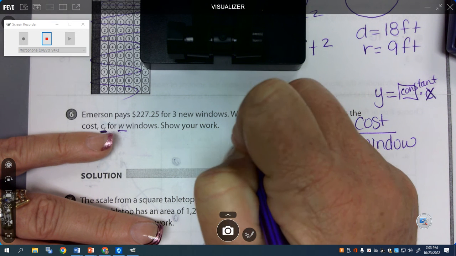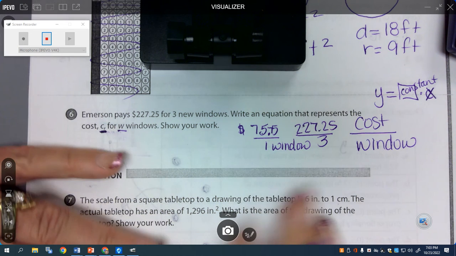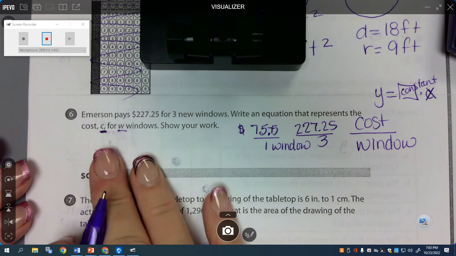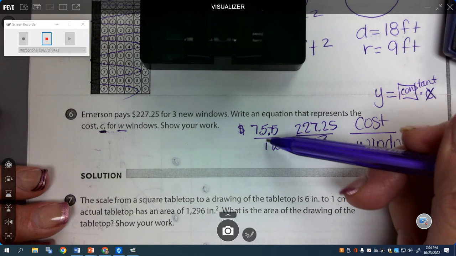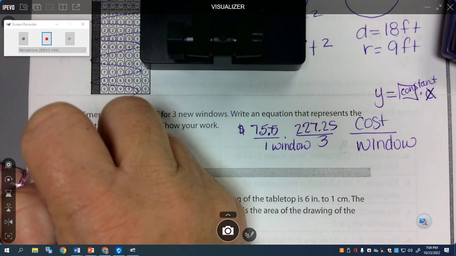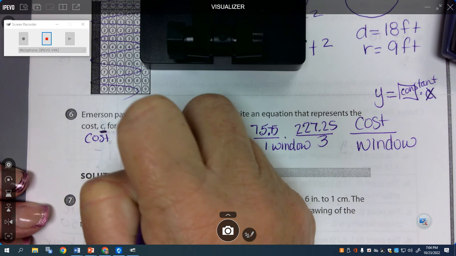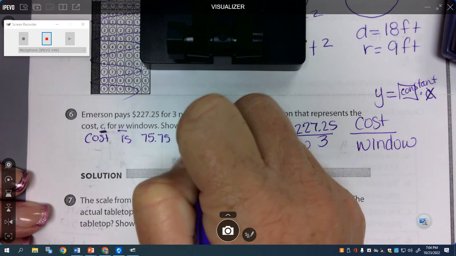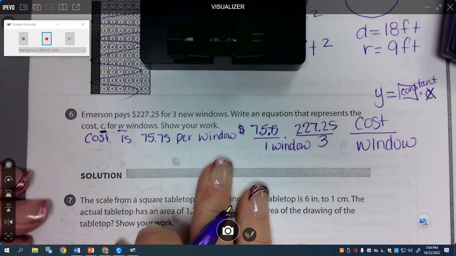That's for 1 window. Now that I have my constant, I'm going to write my equation. The cost is $75.75 per window. So let me write that. Cost is $75.75 per window, right? That's what it looks like in words.